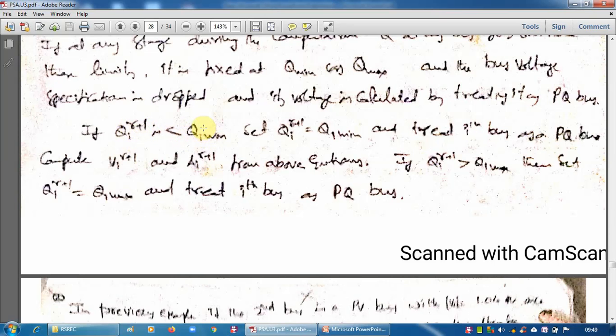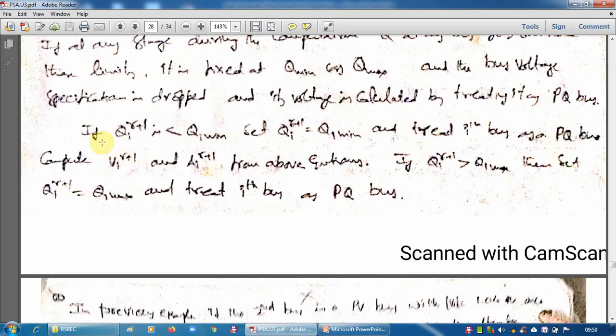For example, if the minimum value is 0.2 and our calculated value is 0.1, then 0.1 is less than the given minimum limit 0.2. It means the limit is violated.